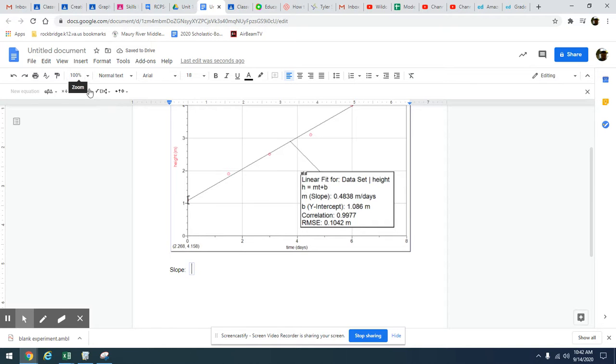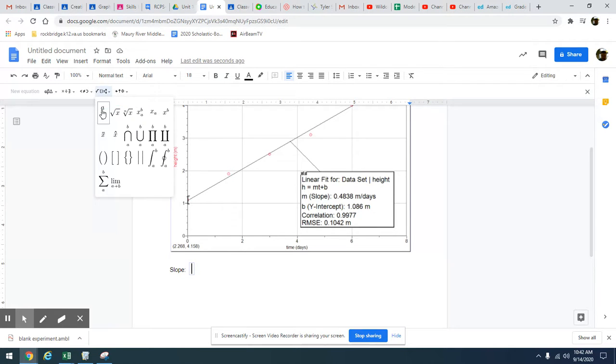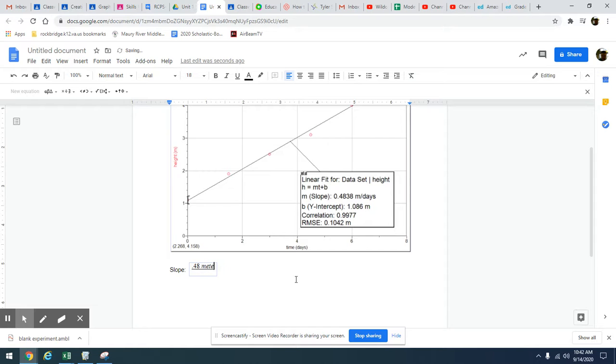Okay, so then I'm going to go to here, get my fraction. So 0.48 meters. On the bottom, I'm going to put 1. Okay. That is the slope.